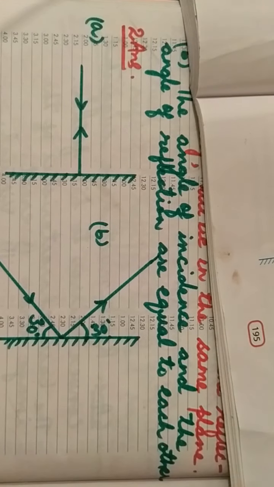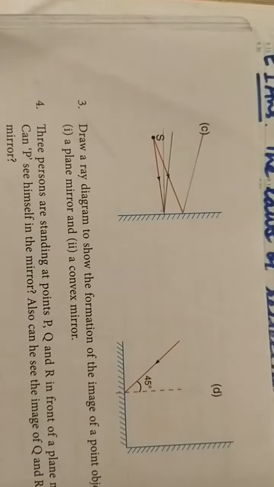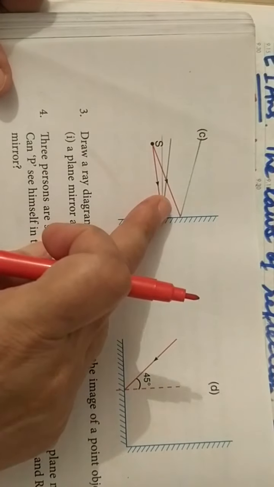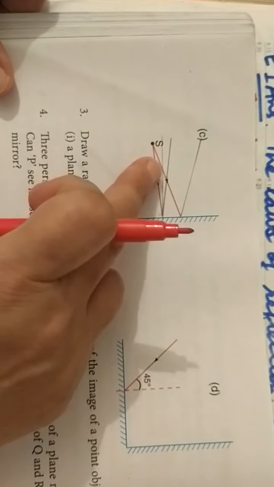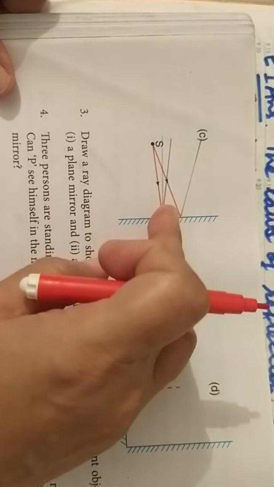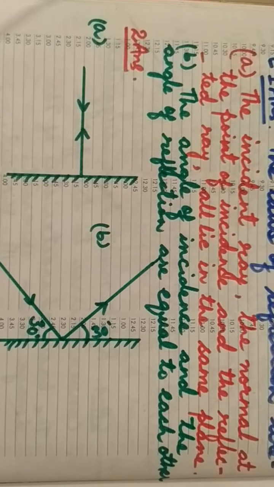Now the third diagram is, you see, this one is the third diagram. So here also you have to draw the reflected ray for both the incident rays in the same manner as they make an angle with the mirror. You can draw this one in this way.